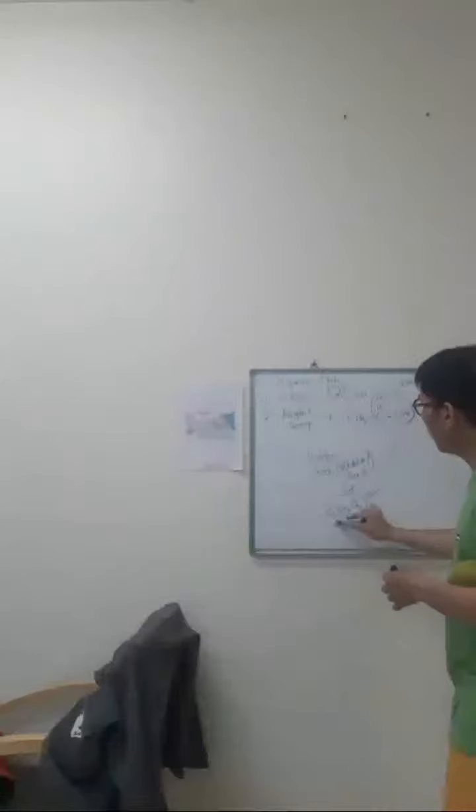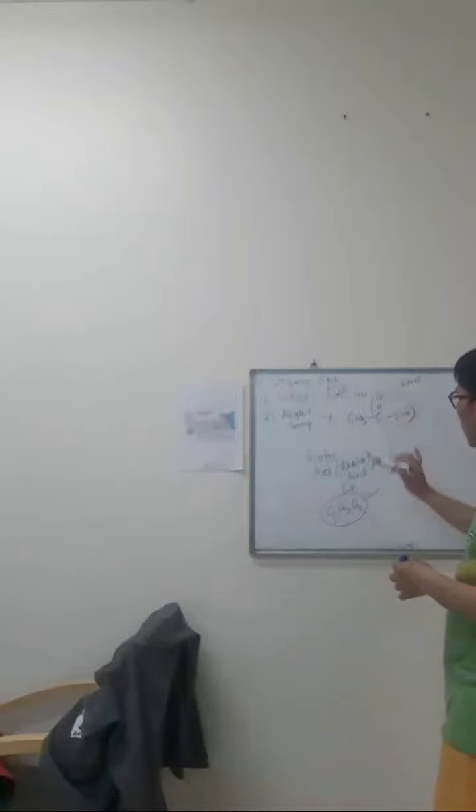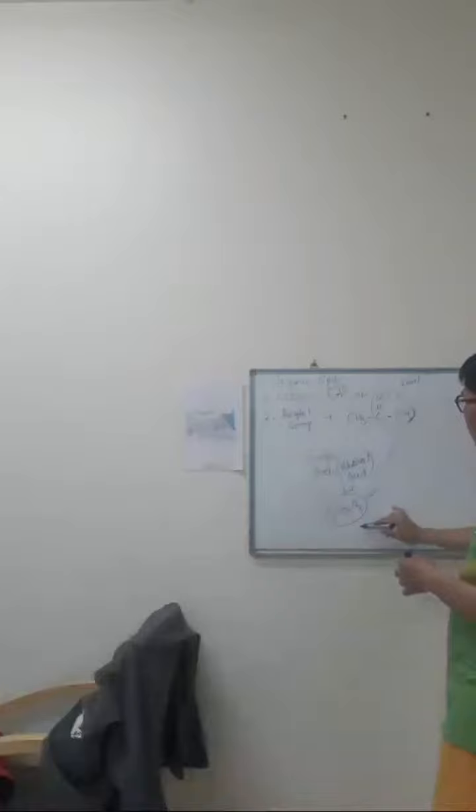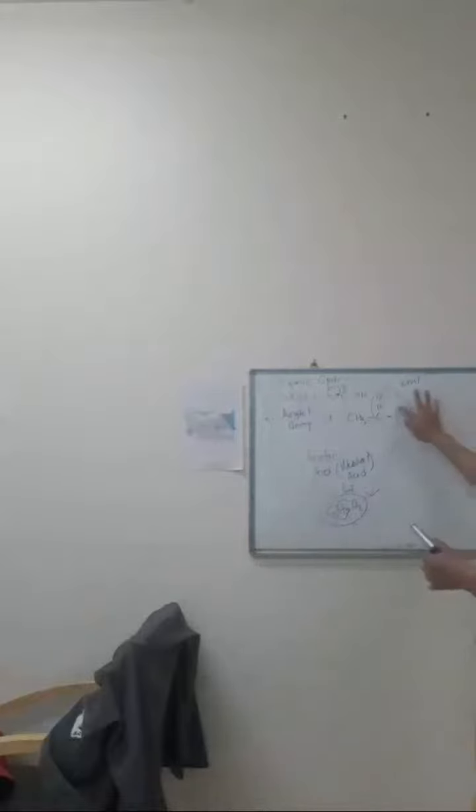Now, count the carbon: 1, 2. Hydrogen: 1, 2, 3. Hydrogen here, 1, 2, 3, 4. It's not right: 4 hydrogens, oxygen is 2. So the hydrogen will be wrong. We cannot force the carboxylic acid to be attached here. So what if using only the acid in organic chemistry, which is only adding H? It is possible. So let's change the OH to H.